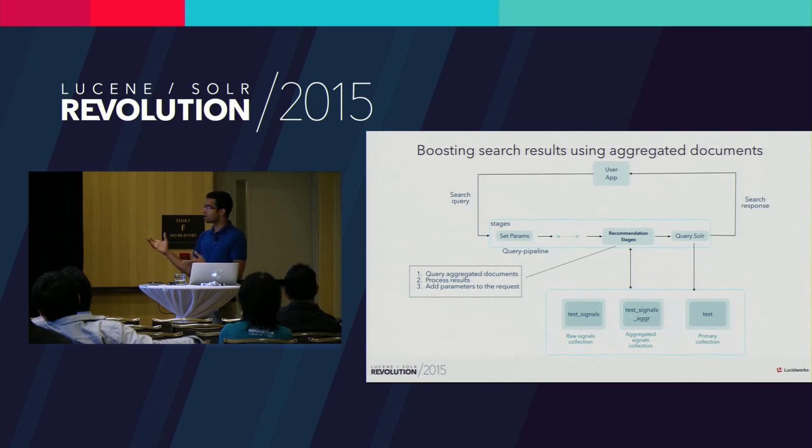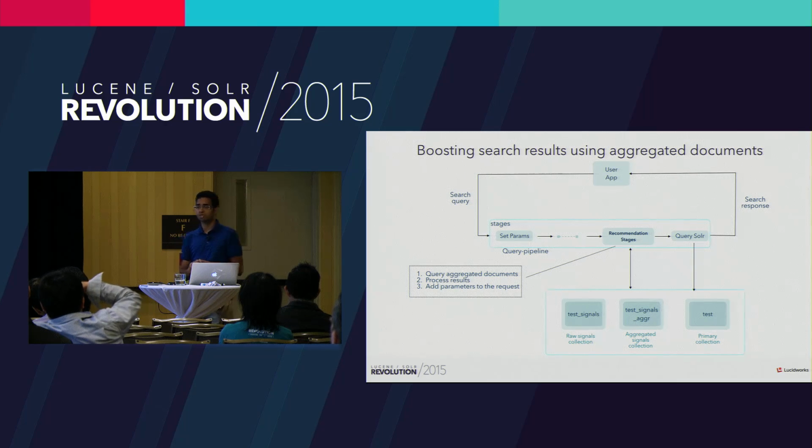We don't query it before. All the stages before query Solr modify your search request. They add more params to Solr, so that we can get different types of response behaviors.